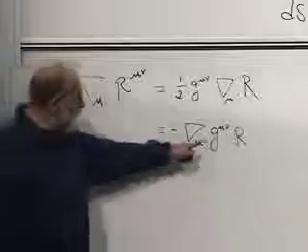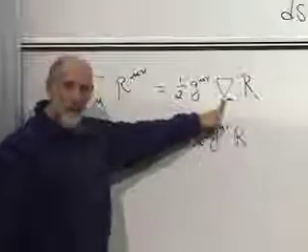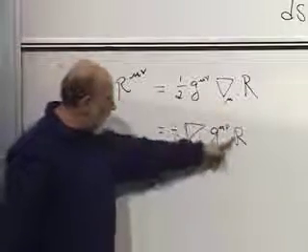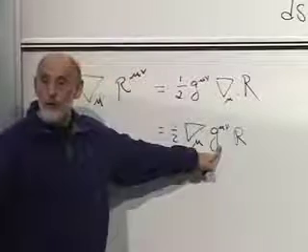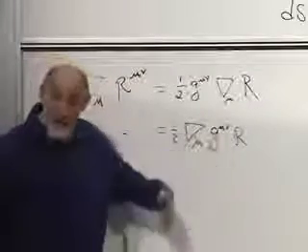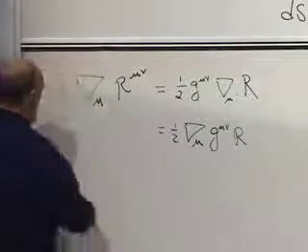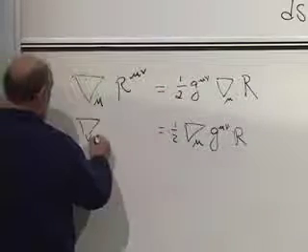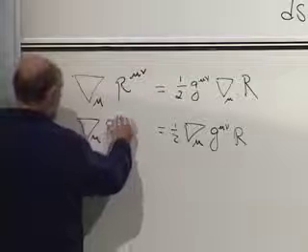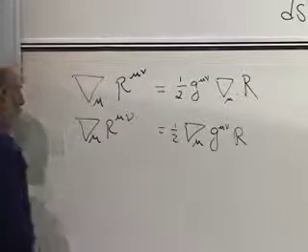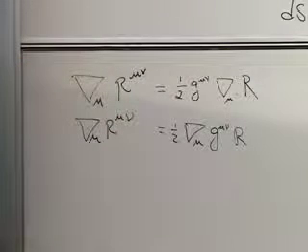Well, this contains g mu nu times the covariant derivative of R, but it also contains R times the covariant derivative of g mu nu, the last term being 0. So he discovered del mu of R mu nu is equal to 1/2 del mu of g mu nu R.